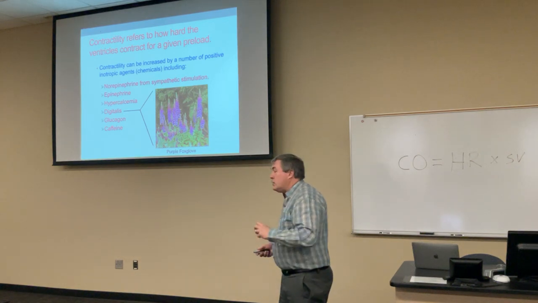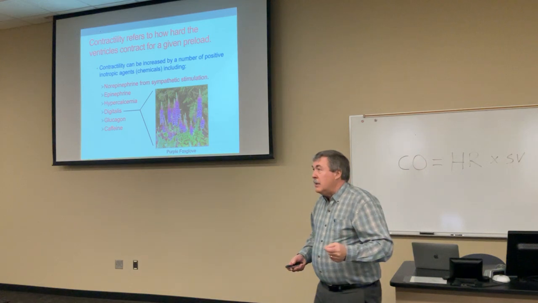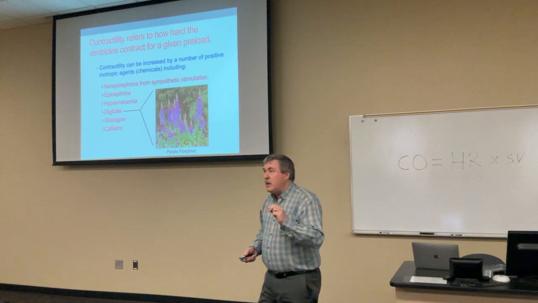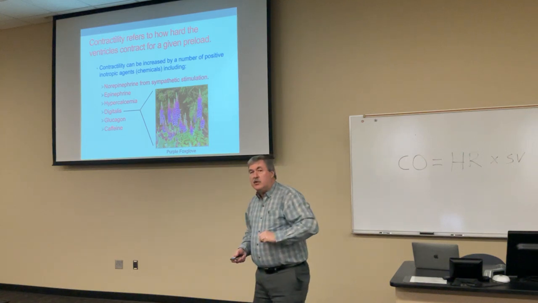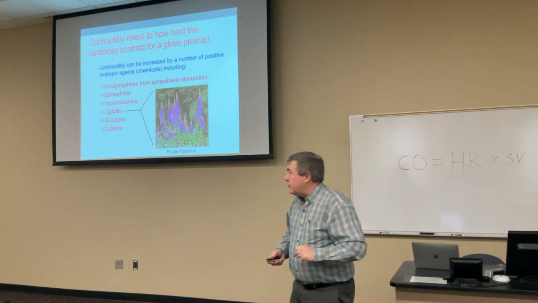One drug that was used in the past that's really no longer used because the physiological dose is very, very narrow, and if you give just a little bit too much, it can be fatal. So it can have some bad side effects.